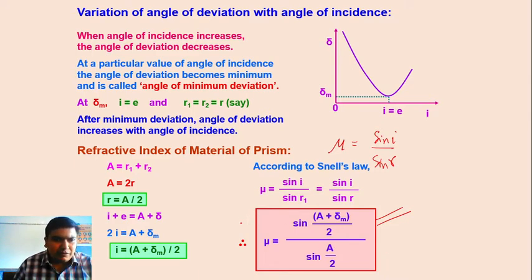This is the formula for the refractive index for any prism, where A is the prism angle and delta m is the minimum angle of deviation.